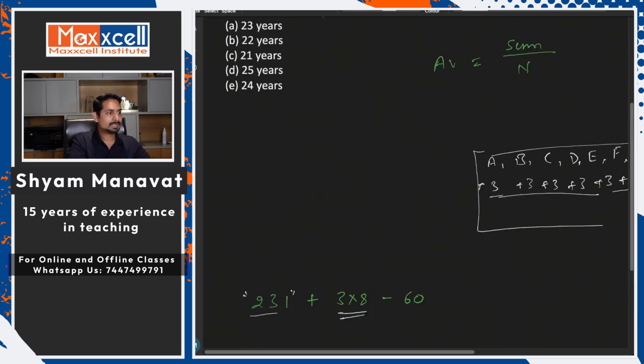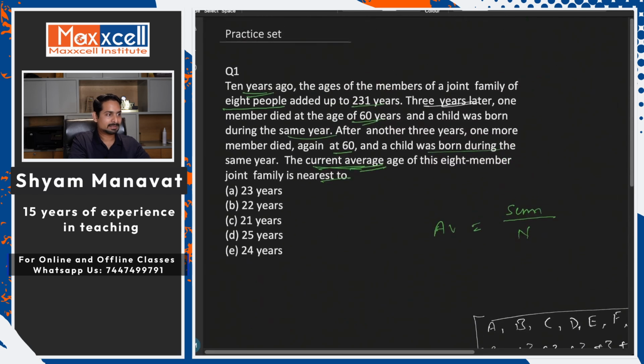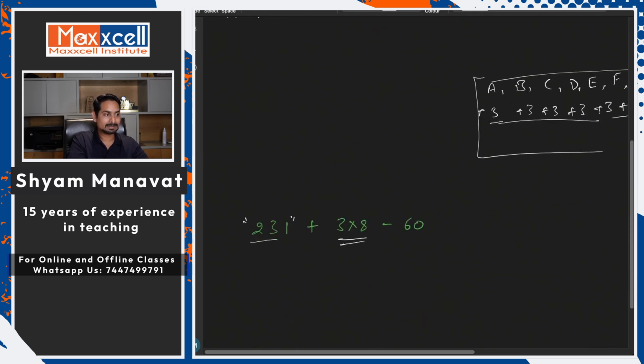And if you get to see after another 3 years, the same incident occurred. So another 3 years, that means it will be another addition of 3 into 8. The number of members will remain 8 because when this fellow died, a child born. So the number of people in the family still remains 8. That's why we will say the further increase in the total of age of the family will be 3 into 8.